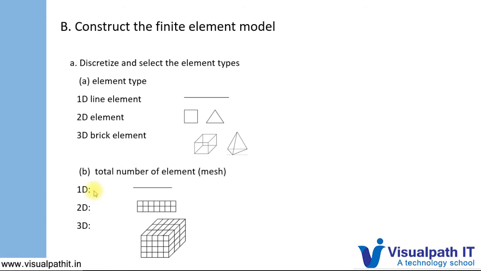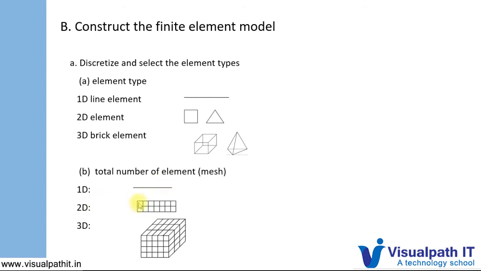Next we will see how many elements there are. Like I said earlier, we discretize the domain into a finite number of elements or subdomains. In the previous example we discretized that cantilever beam into 5 sections. The total number of elements that we discretize the component into is called the mesh. In 1D, we have a connection of all these elements.